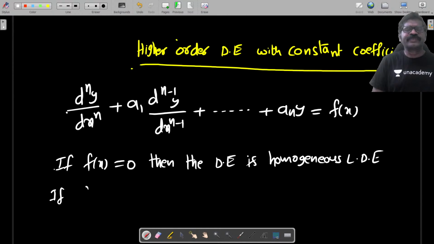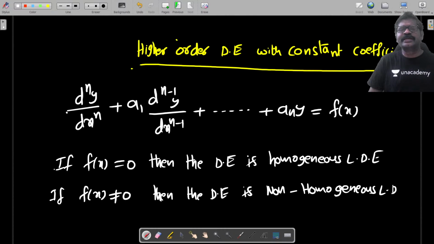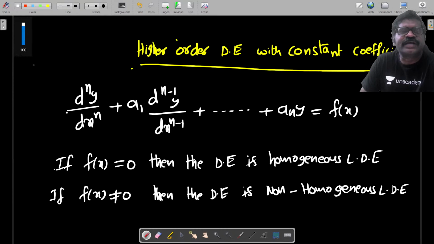If f of x is non-zero, then the differential equation is a non-homogeneous linear differential equation.